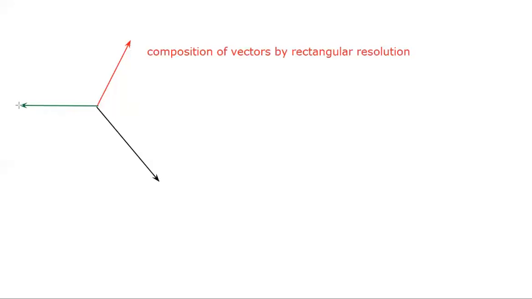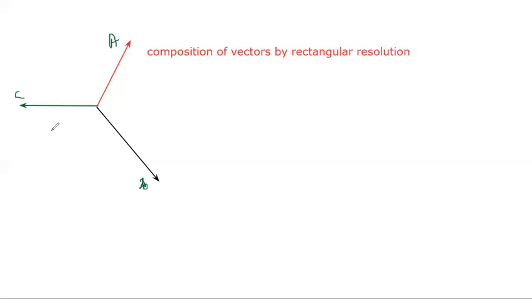Let me name them: A vector, B vector, and C vector. You are asked to find out the resultant of these three vectors.